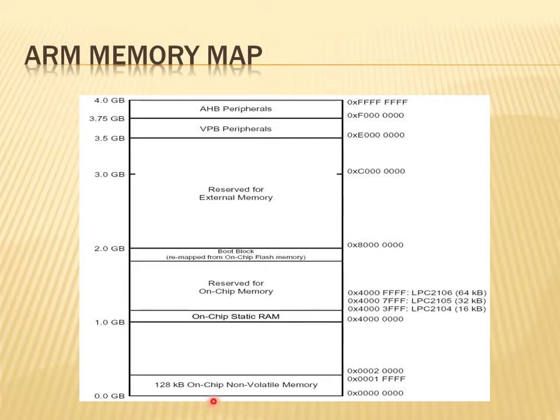This area has been divided into sections. Small sections are available. There is 128 KB of on-chip non-volatile memory from the 0th location to FFFF. Then on-chip static RAM is there, which starts from 4000, and the addresses go on changing. The last limits have been shown here: 3FFF, 7FFF, FFFF.